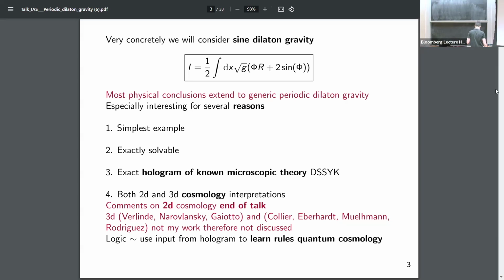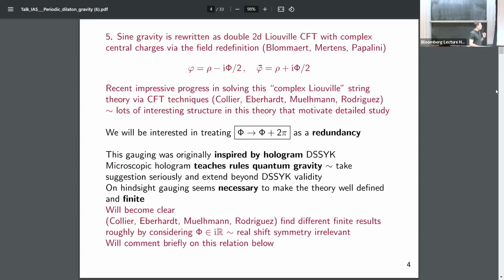So that's the logic that I want to follow here. I want to take something that the holographic theory is telling me I should do and draw lessons from that. I feel like these lessons will generalize to more general potentials. I don't want it to be something very specific to sine gravity. I want it to be general.